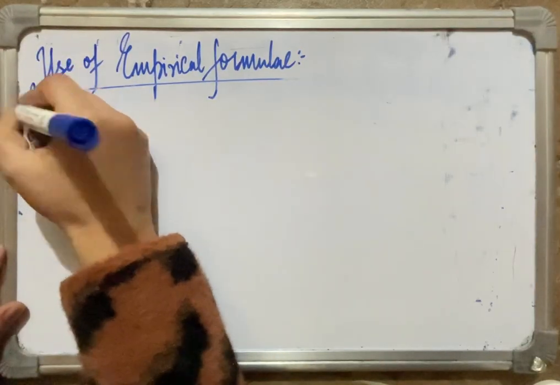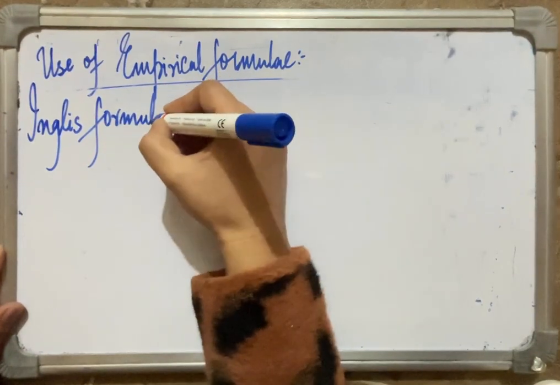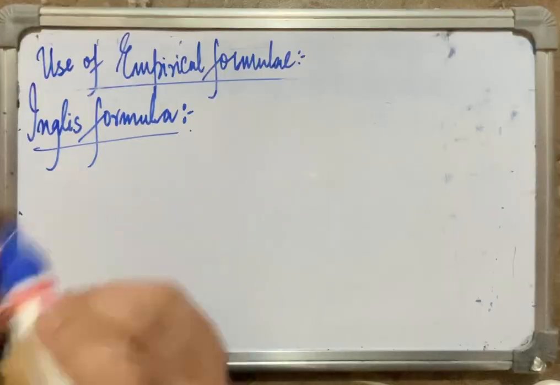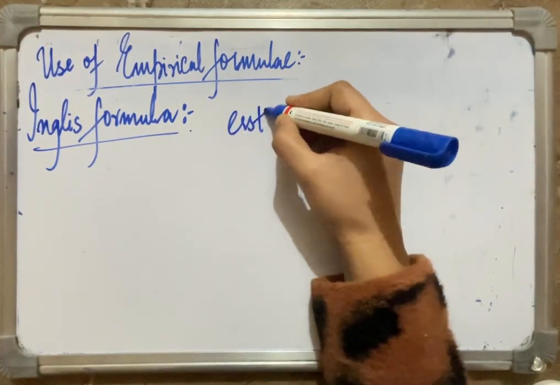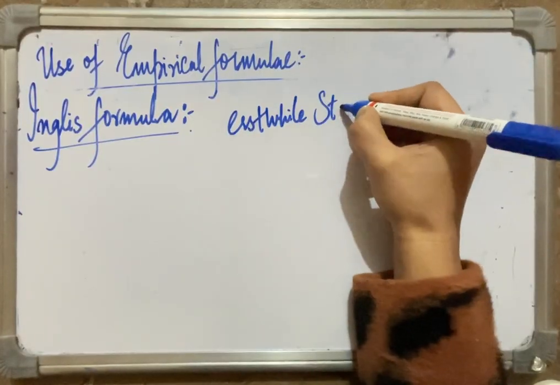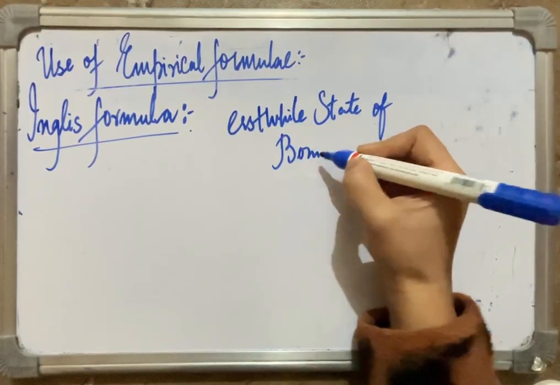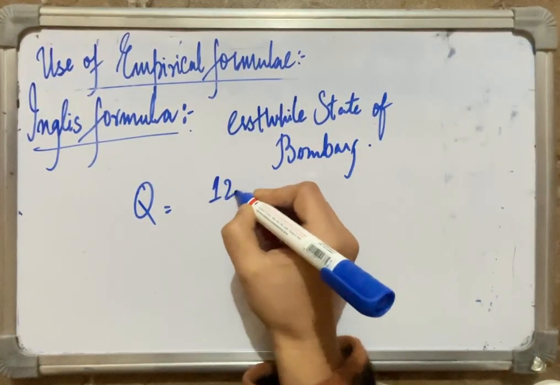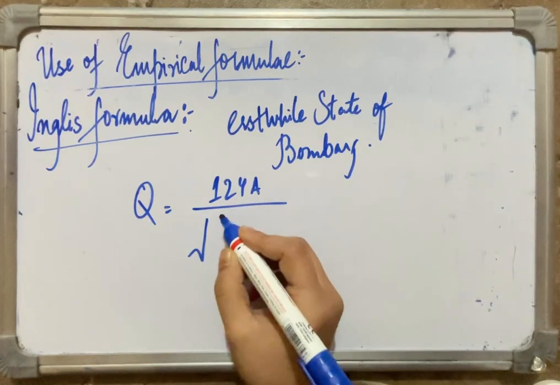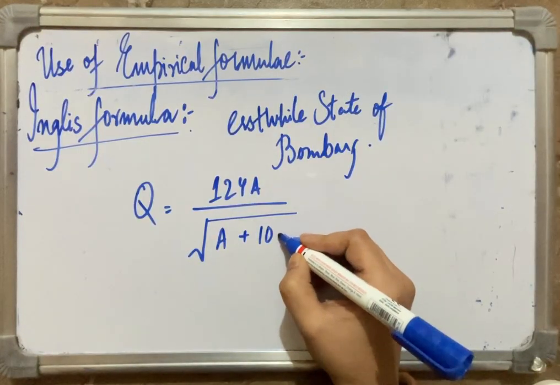English formula. All right, so this is our fourth empirical formula, the English formula. English studied the available hydrologic records of catchments of the erstwhile state of Bombay and of fifty catchments outside the state, and he arrived at a formula which is Q is 124A divided by the root of A plus 10.24.